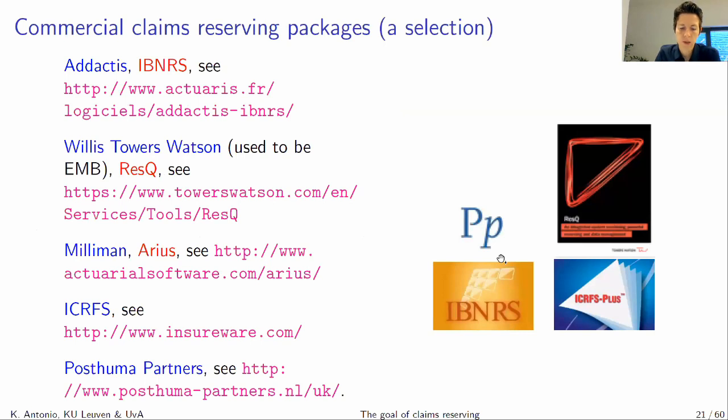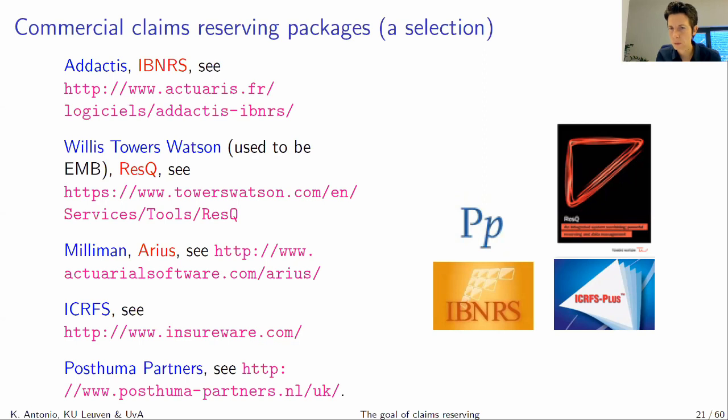Now, if we look at some algorithms and techniques to do all these kinds of calculations, I would do the calculations or the simulations in a tool like R. But I just want to mention here that there are multiple commercial tools also available, and you see a brief selection of some of them over here.